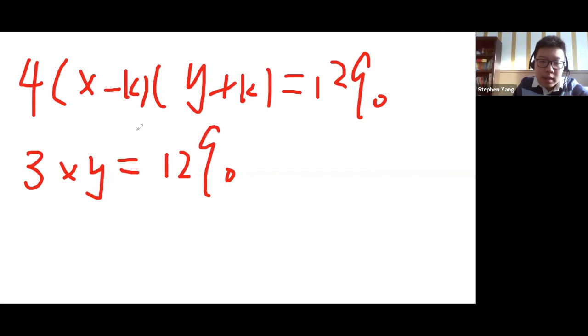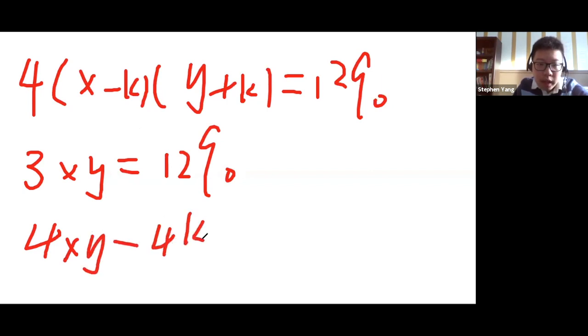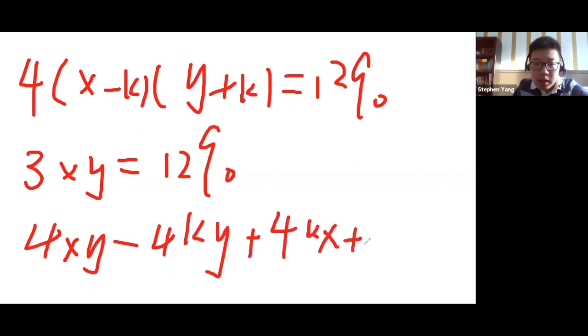So expand the top equation, you'll have 4XY minus 4KY plus 4KX minus 4K squared is equal to the bottom, which is 3XY.